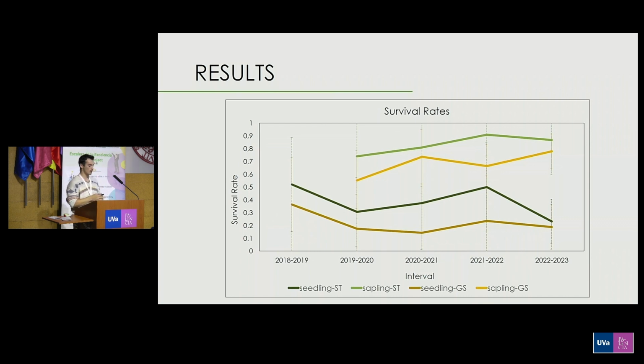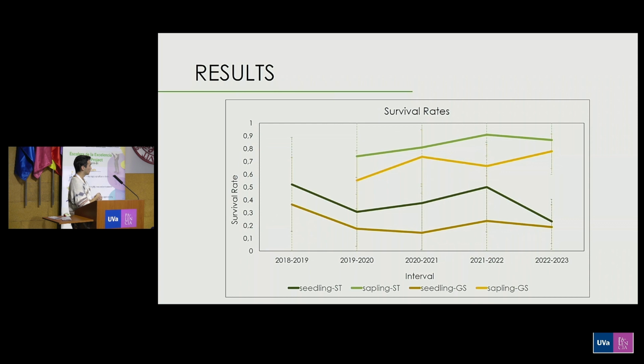When we look at the densities, we see a frozen image, but we want to see the process. So we can look at the survival rates, and this is why we differentiate between seedling and sapling. These two lines correspond to the survival rates of seedlings, and these two correspond to the survival rates of saplings. We can see that there is a big constraint between the first and the second year.